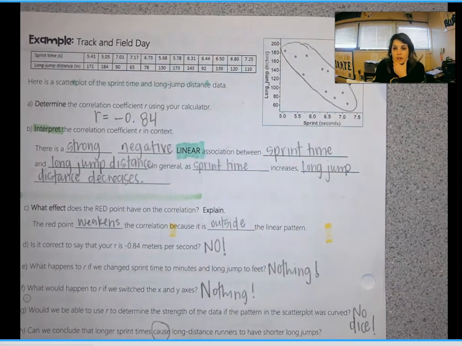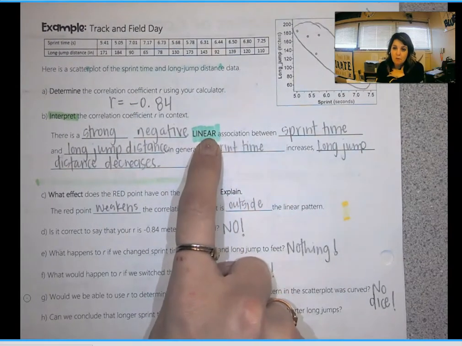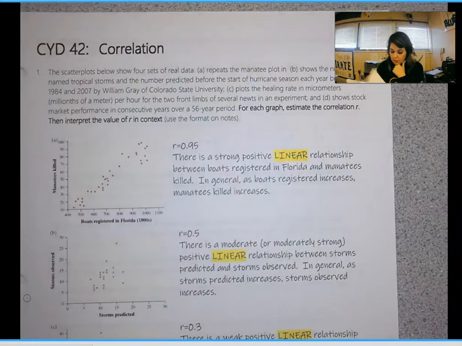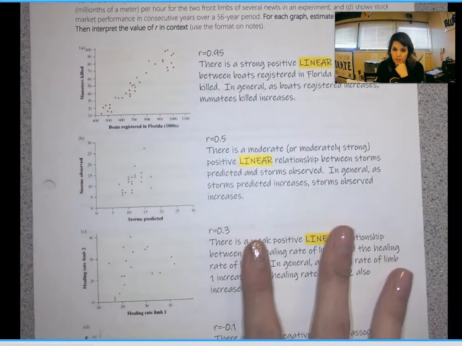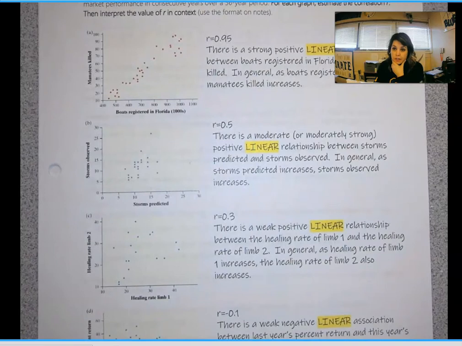So this is almost exactly the same as what we did for lesson 41. The biggest difference is that in all of your responses, the form will be linear, because correlation only applies to linear relationships. So on this, you can see that for all of my responses, I highlighted the word linear, just to reinforce that idea.